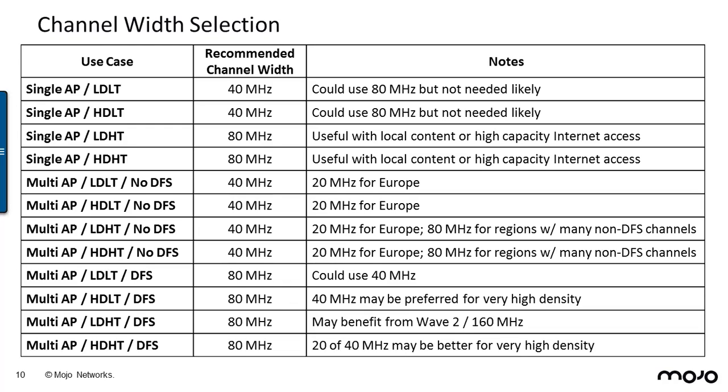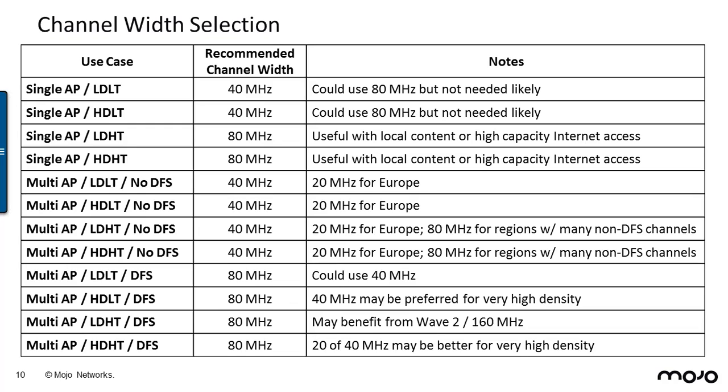And then if you have a single AP with low density, high throughput, you could certainly use 80 megahertz, but that would only be useful if you have local content, right? And you may not. If it's a satellite office with no video servers or other servers that would require high throughput, then you probably wouldn't need 80 megahertz, unless you had high capacity internet access, which is becoming more common with Google Fiber and so on.